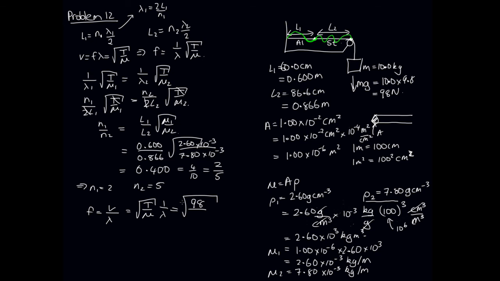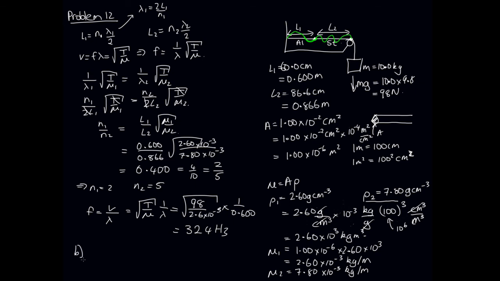The mass per unit length was 2.6 times 10 to the minus 3. And the wavelength, that's equal to L1, the length of the string, because we've got two half wavelengths on that length of string. So that's times 1 over 0.600. And then we can solve that one on the calculator, and we end up with 324 hertz as the frequency there.